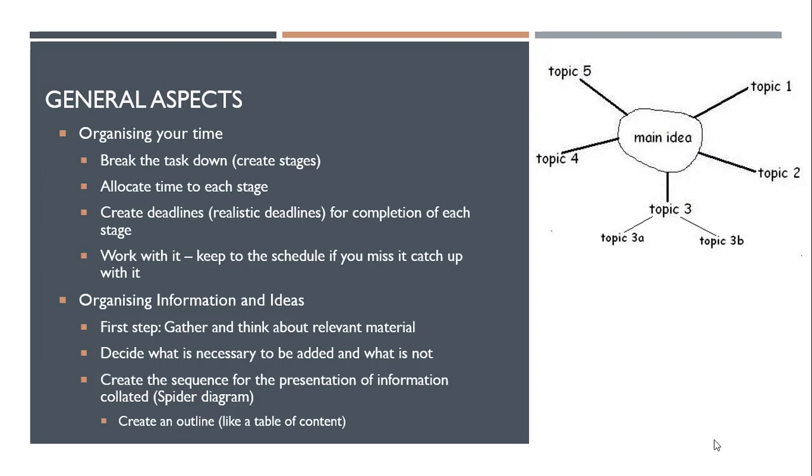Okay, so the first thing, you must gather and think about the relevant materials. When you gather and identify the relevant materials, then you need to sieve them out. You need to separate. There are some that will be very necessary, that will be very important for the work.